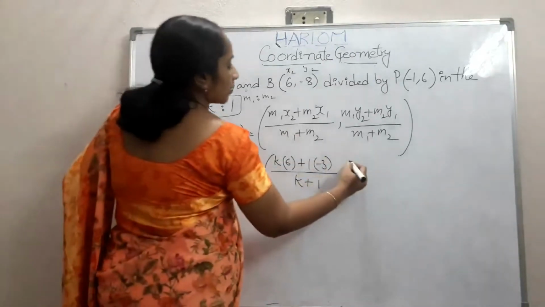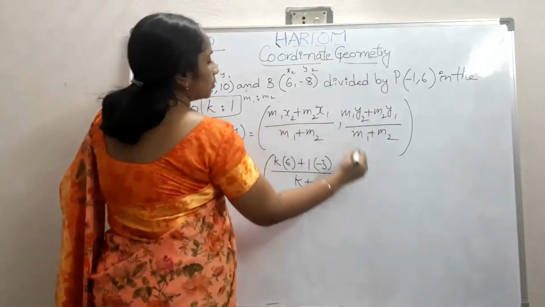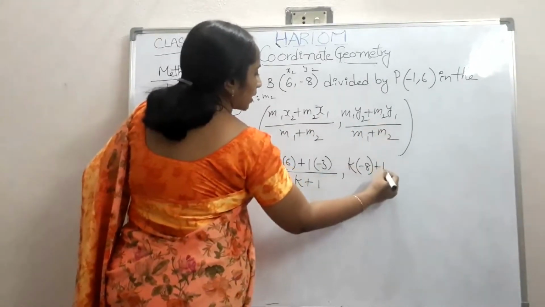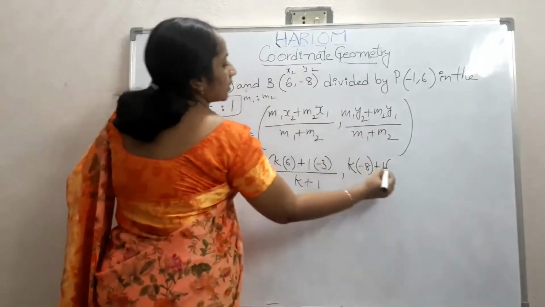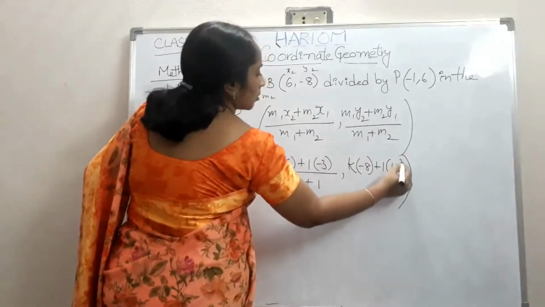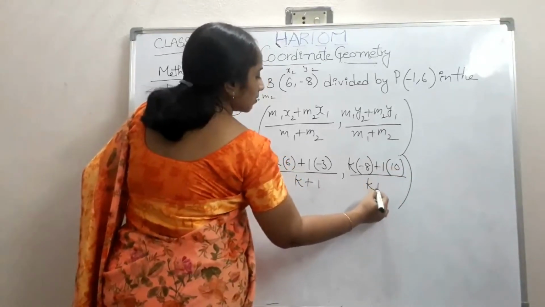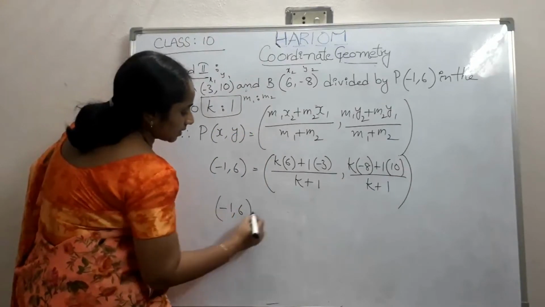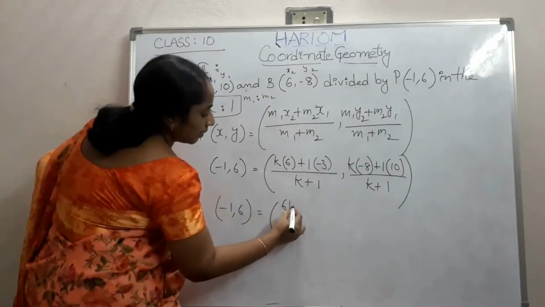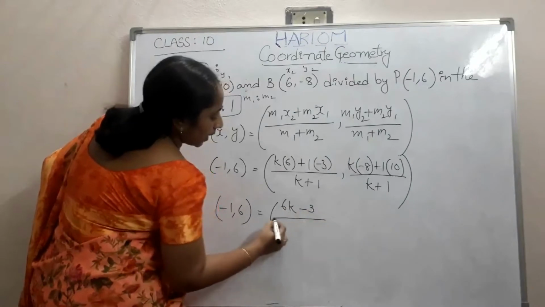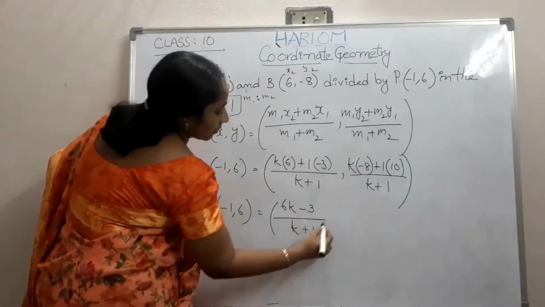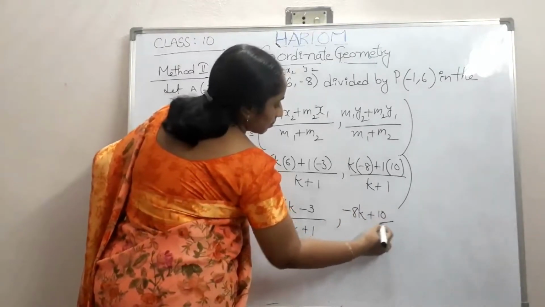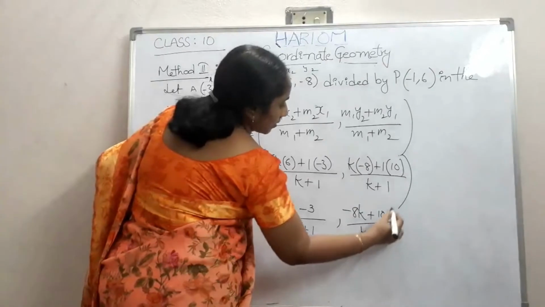Here also m1 is k, y2 is -8, plus m2, 1, into y1, 10, by k plus 1. Here (-1, 6) is equal to (6k - 3) by (k + 1), (-8k + 10) by (k + 1).